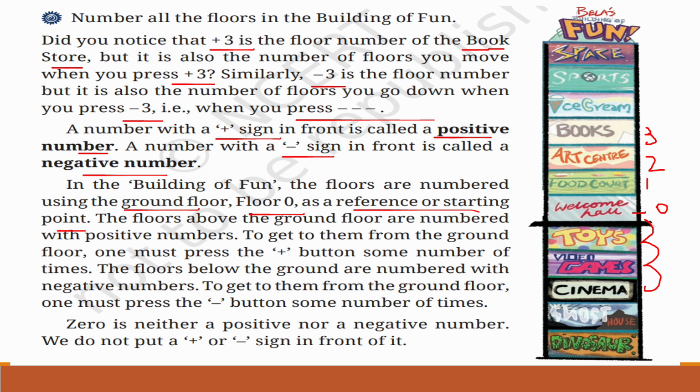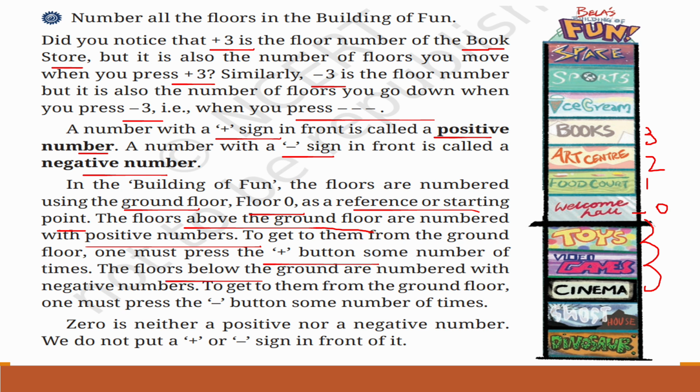The floors above the ground floor are numbered with positive numbers. To get to them from the ground floor, one must press the plus button some number of times. That is, if you want to reach floor +1, you have to press the plus button once. If you want to reach floor +2, you have to press the plus button twice.